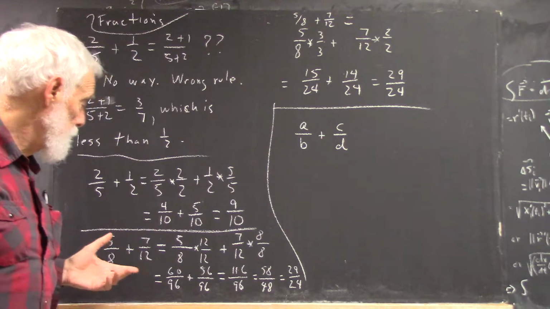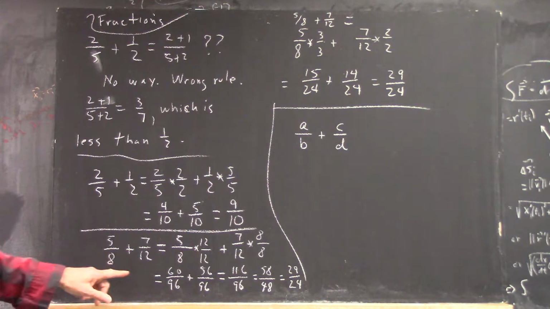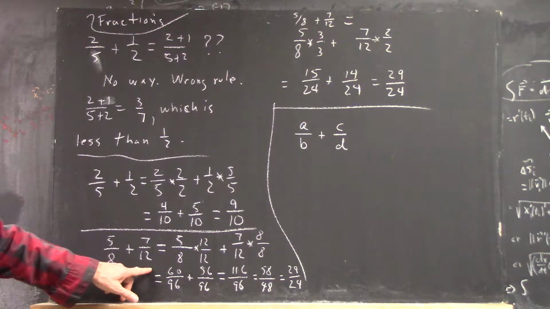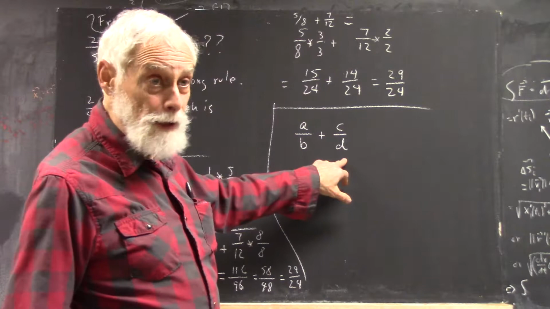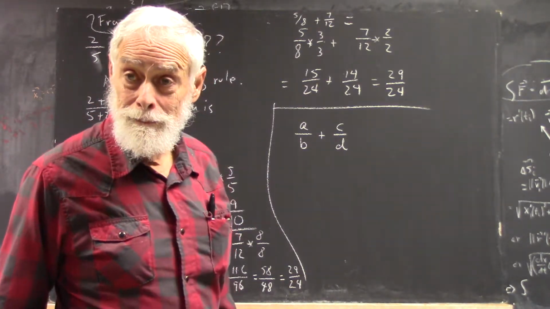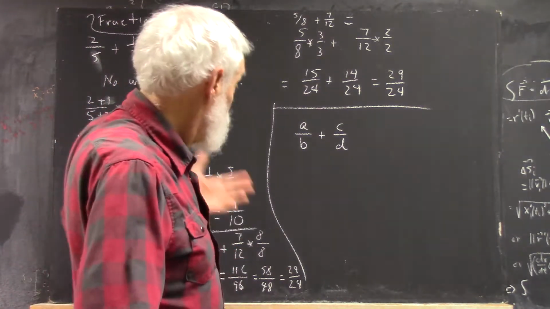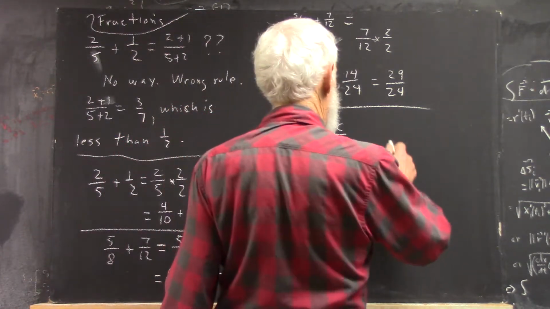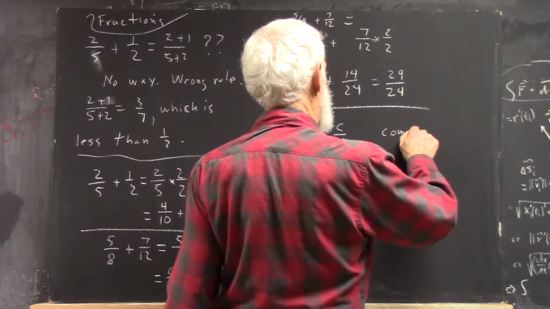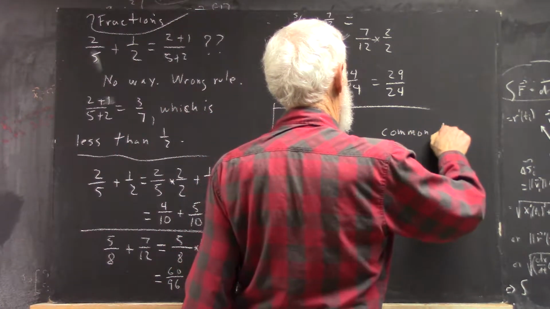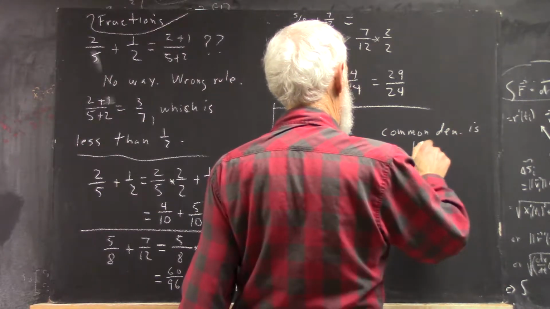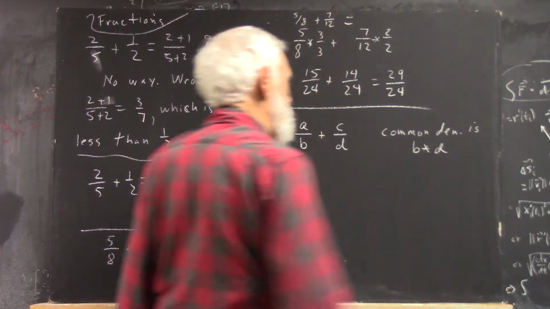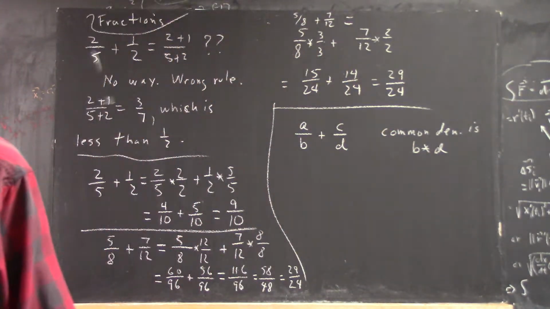Well, one thing we saw here is you get a common denominator if you just multiply your two denominators, right? So B times D has to be a common denominator that you can get. Common denominator could be B times D.